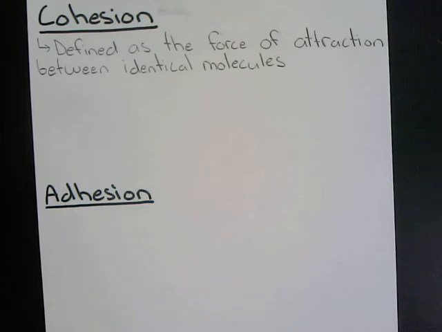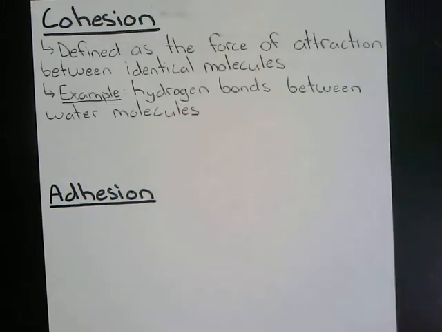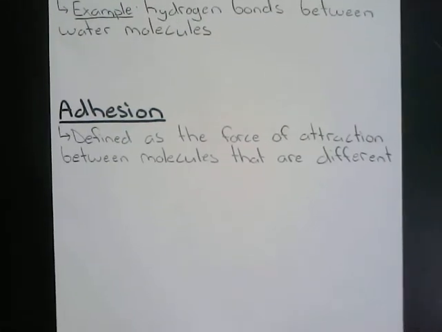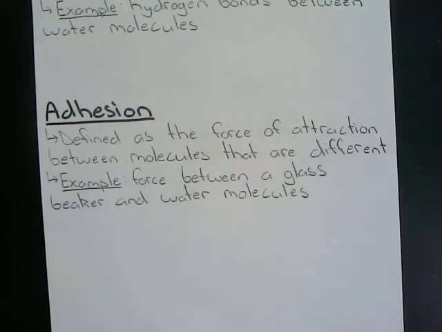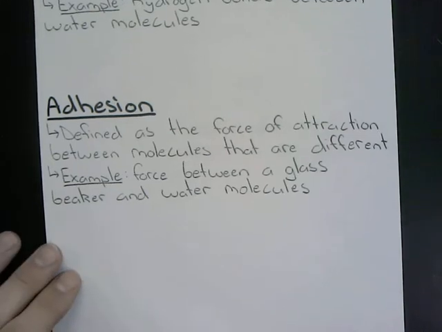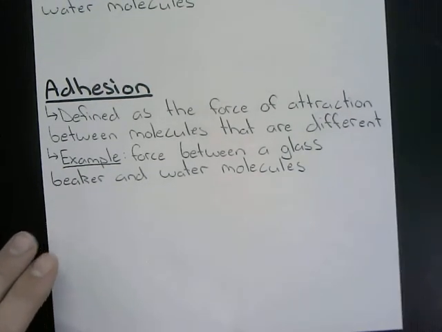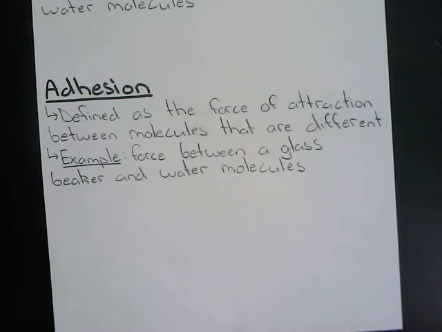An example of this would be the hydrogen bonds between water molecules. Adhesion is defined as the force of attraction between molecules that are different. An example of this would be why water is attracted to the side of a glass beaker. Cohesion and adhesion can help explain why we have a meniscus form in something like a graduated cylinder.